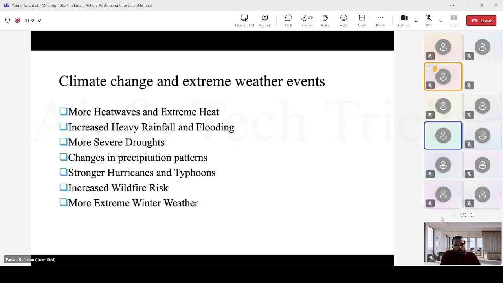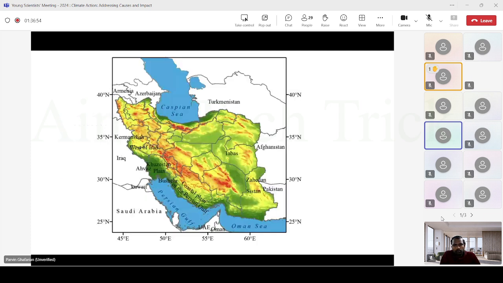Let's get back to our discussion about the impact of climate on Iran's weather. Iran has a diverse climate with many different regions, including arid and semi-arid areas, subtropical regions, and mountain regions. Here you can see the Alborz Mountain and Zagros Mountain.